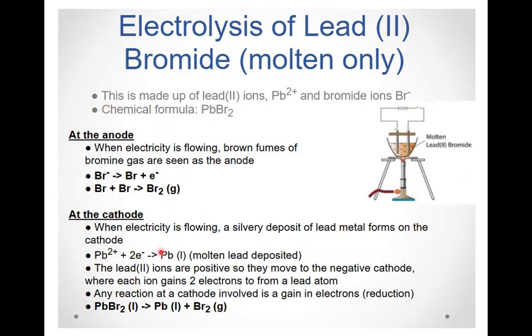The lead ions get discharged at the cathode, which results in deposition of lead on the electrode. You'll see a silvery deposit of lead metal on the cathode.